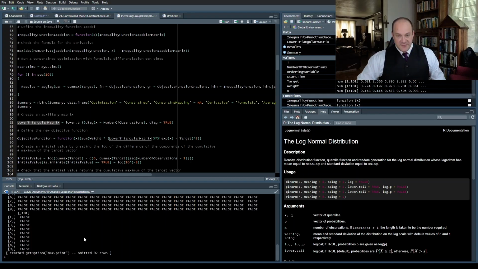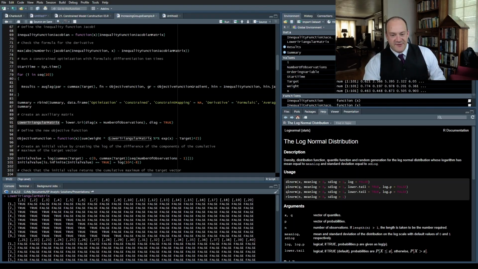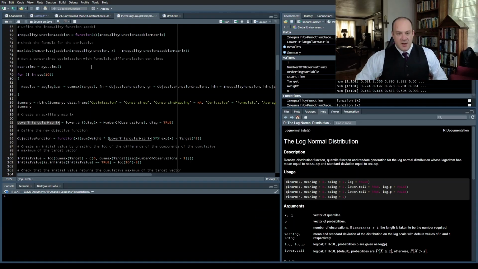Let's see if we can do anything more. Nope, he's done. All right, so anyway, back here in R, we got this lower triangular matrix. How does it look? Because it's just ones and zeros, R is not trying to waste any space. It simply represents them as logicals. So you've got true, a bunch of falses, true, true, a bunch of falses, true, true, true, a bunch of falses, and so on. All right, so that's that.